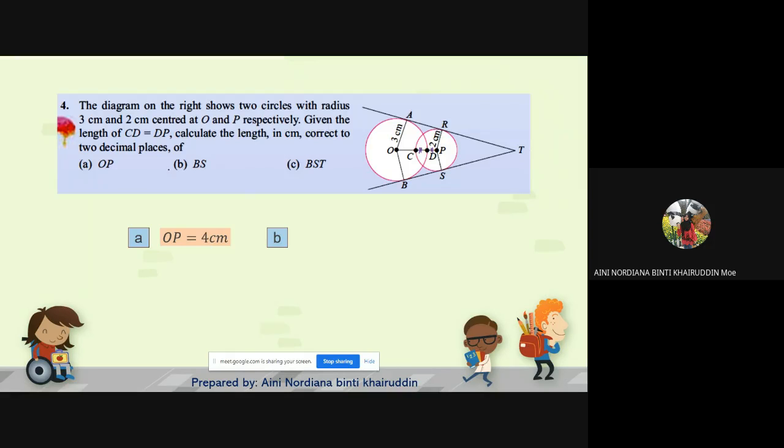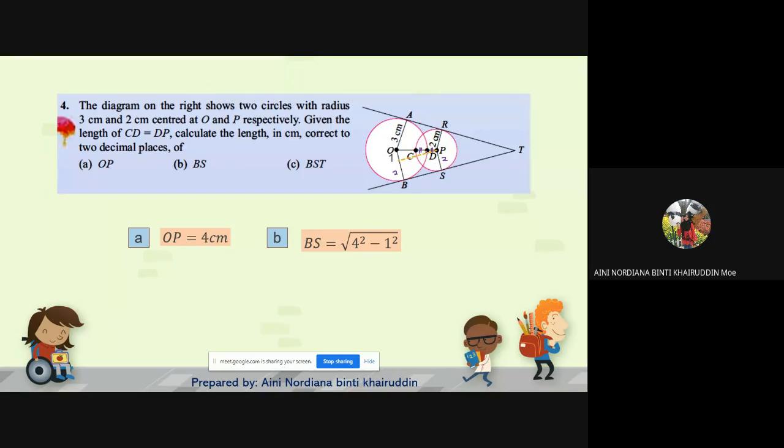The length of BS. First, you need to draw a dashed line like this. And the length here is 1, because this is 3 and this is 2 cm. This is also 2 cm. So 3 minus 2 is 1. Then you can use Pythagoras theorem.